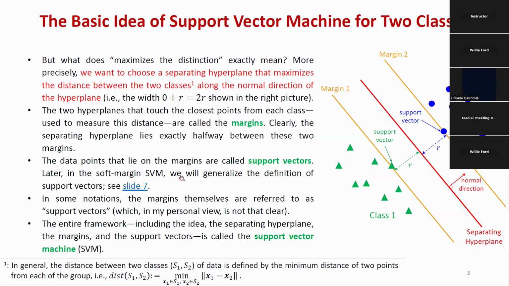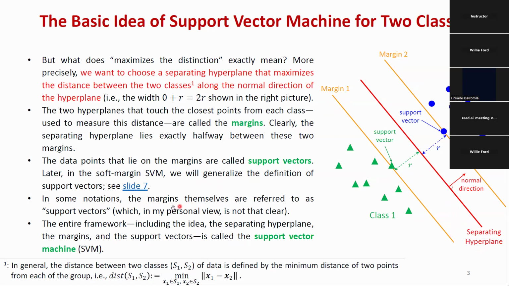Here's slide 3. I want to mention that in some notations, the margins themselves are referred to as support vectors. I personally don't like this notation, to be honest, because in my view, support vectors should be the points, and these lines should be margins.